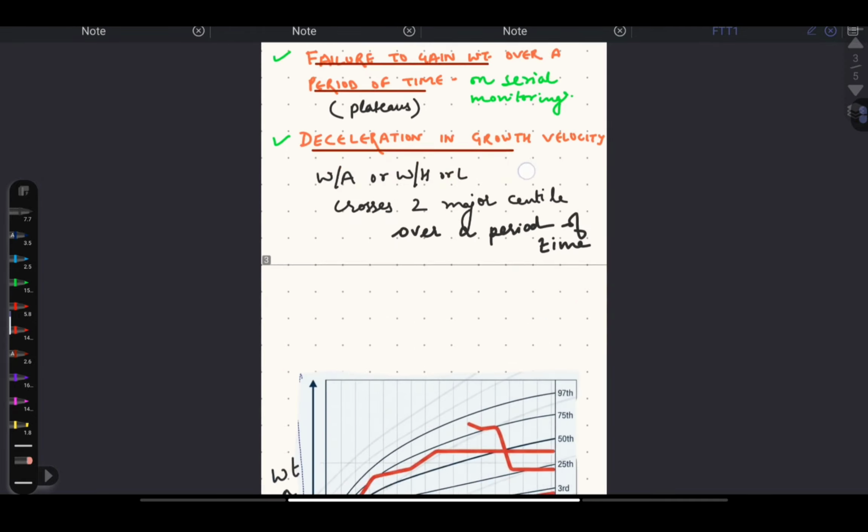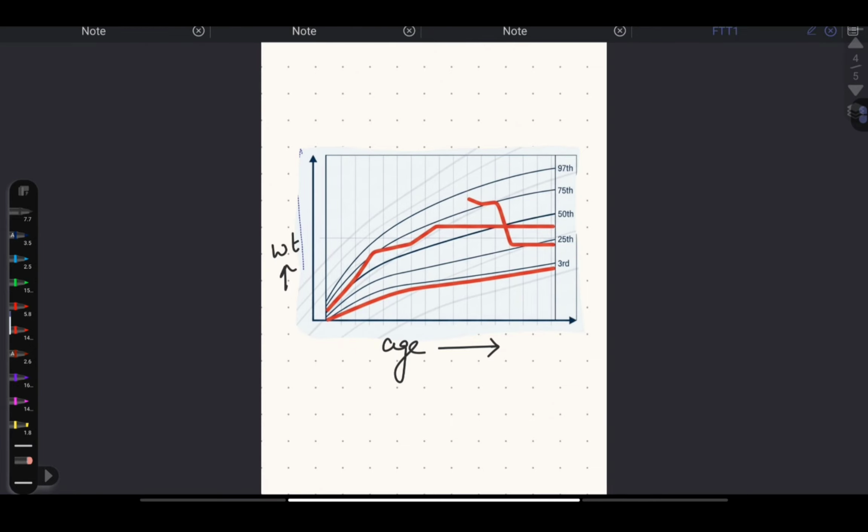So let's see. In this schematic diagram, the weight is represented in the y-axis, whereas the age is represented in the x-axis. These are the centiles marked on the right hand side: the third centile, the 25th, the 50th, 75th, and the 97th centile.